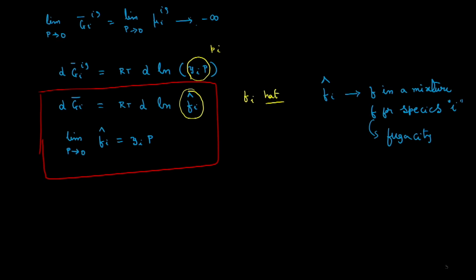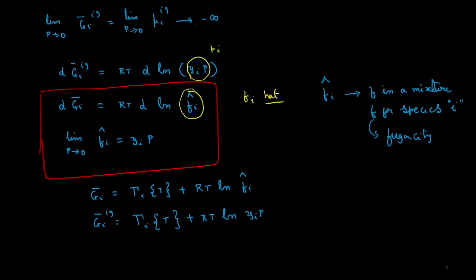And if you observe these two equations closely, the first equation is Gi bar, like I said earlier, can be written as some constant for that species i at the temperature of interest plus RT ln fi hat. And for an ideal gas, I can write an equation, because it is only dependent on temperature and the species, that constant is still going to be the same, plus RT ln yiP.